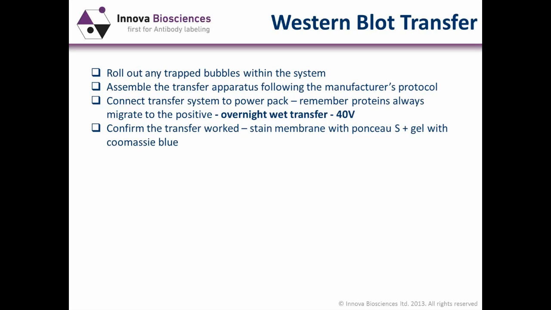So, it's a 20-second process: take an old biro or pen and roll the biro over the gel and over the sandwich itself. This allows you to remove any bubbles trapped within the transfer sandwich. Then assemble the transfer apparatus following the manufacturer's protocol.